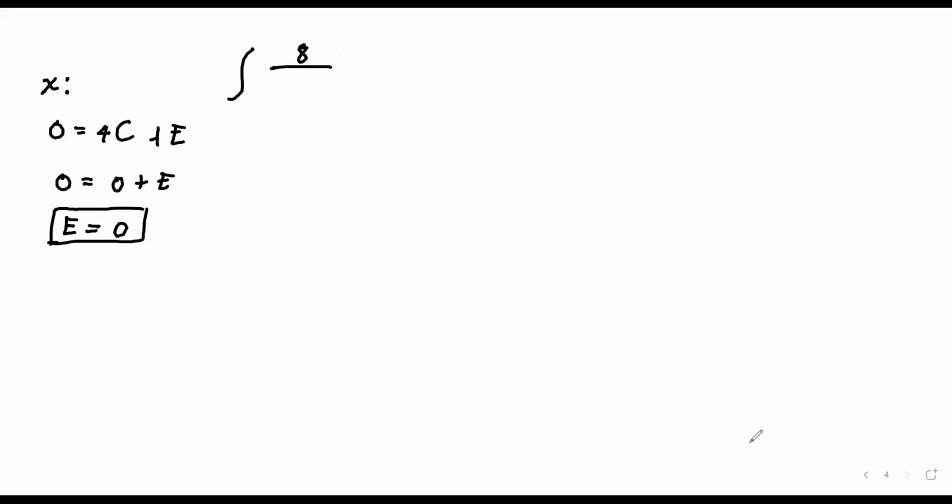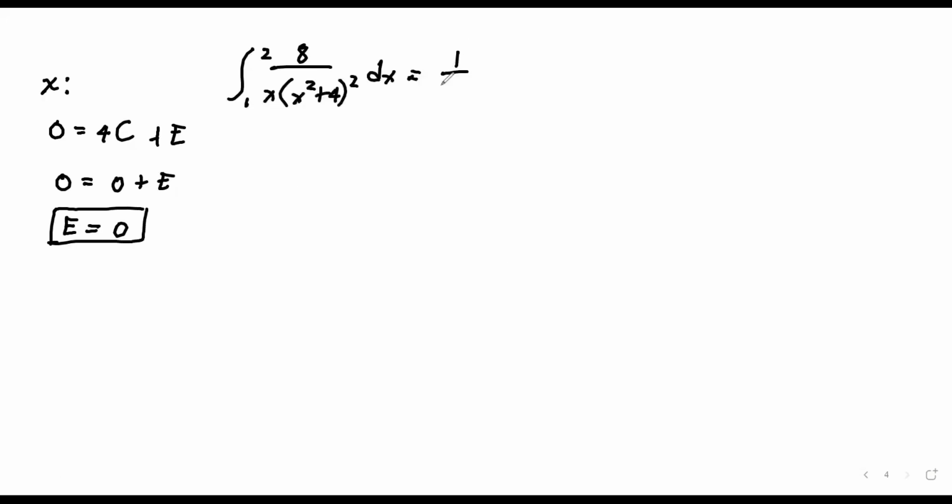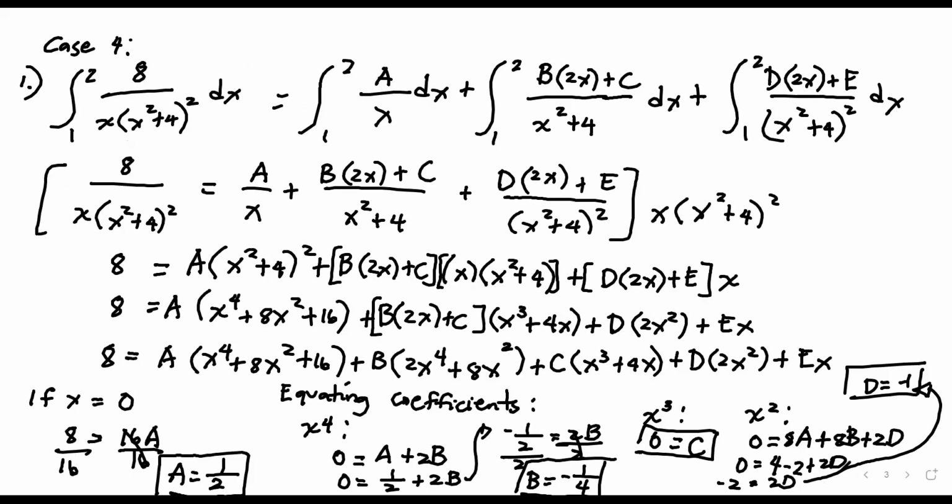8 over x times x squared plus 4 squared from 1 to 2 dx is a 1 half integral of dx over x from 1 to 2. Next, b 2x. Ang b natin, negative 1/4.